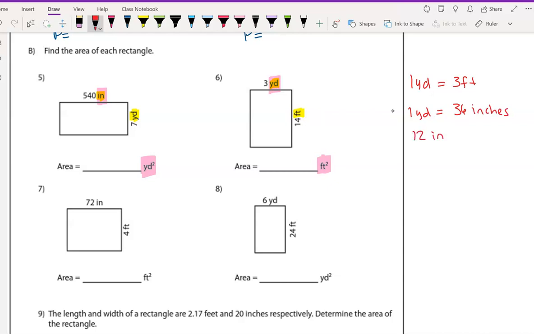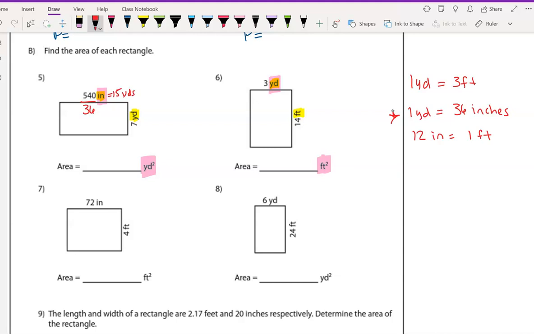And 12 inches equals 1 foot, as we know from when we use a ruler. So if you have 540 inches, you're going to divide that by 36 for the yard so that you know how many yards it's going to be. When you do 540 divided by 36, you're going to get 15 yards.